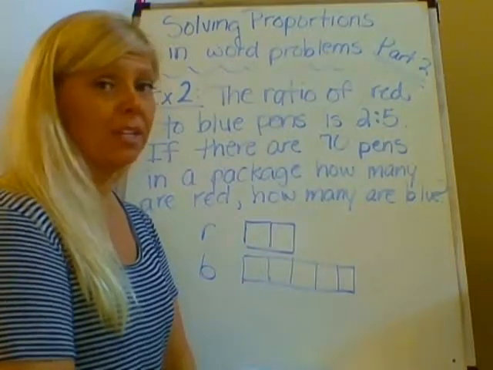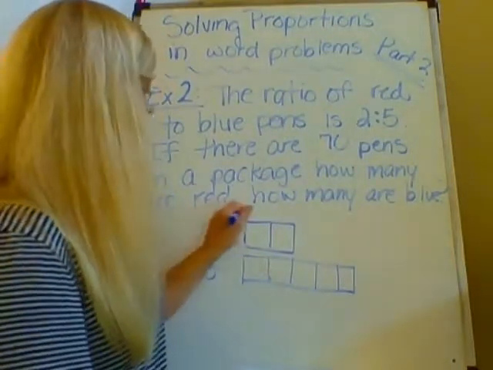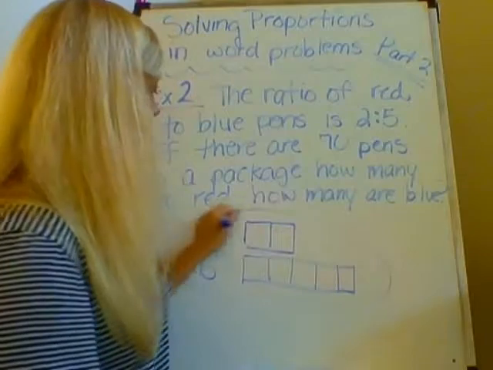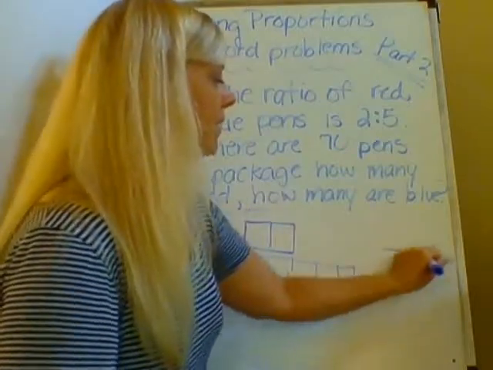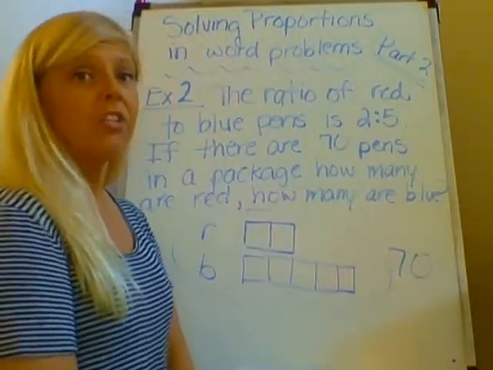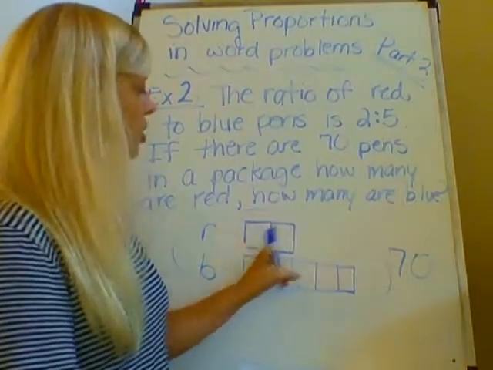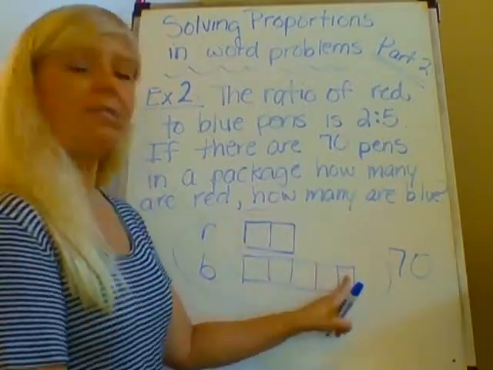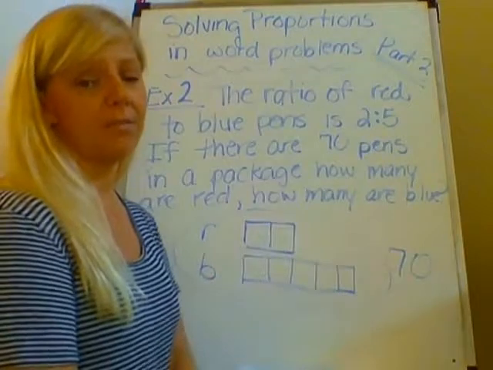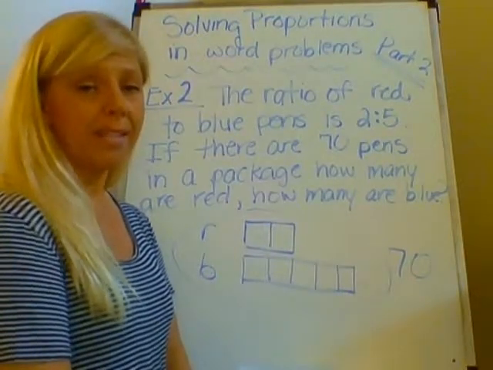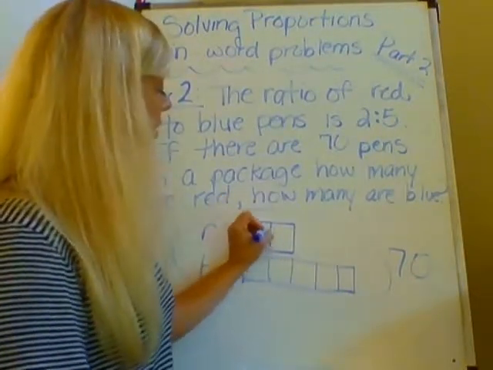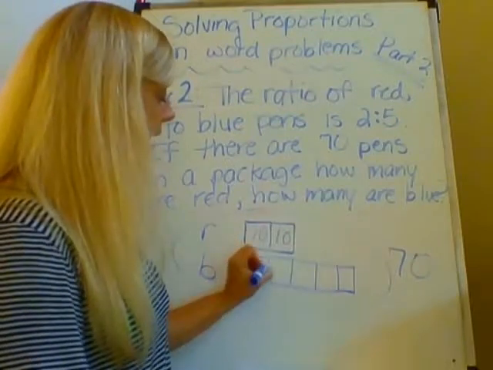We know in the whole package there are 70 pens. So in this whole package, I have 70 pens all together. So if we think about this, I have 1, 2, 3, 4, 5, 6, 7 whats make 70. Well, 7 tens make 70. So each of these boxes get a 10.